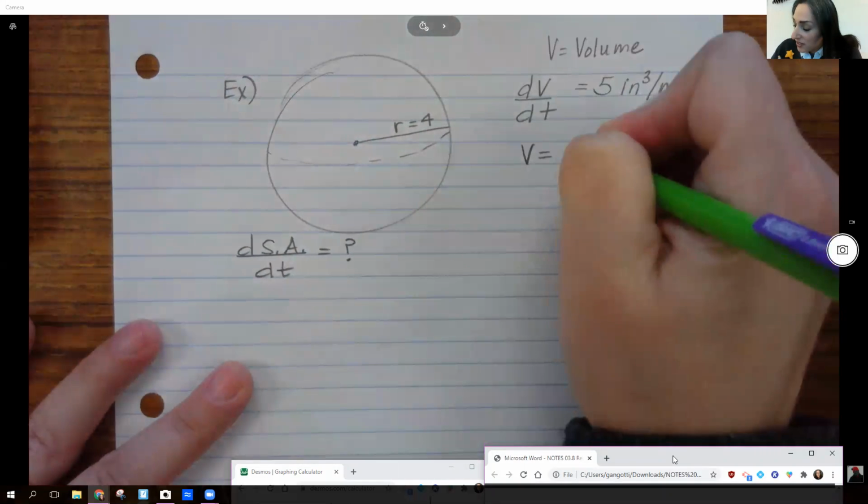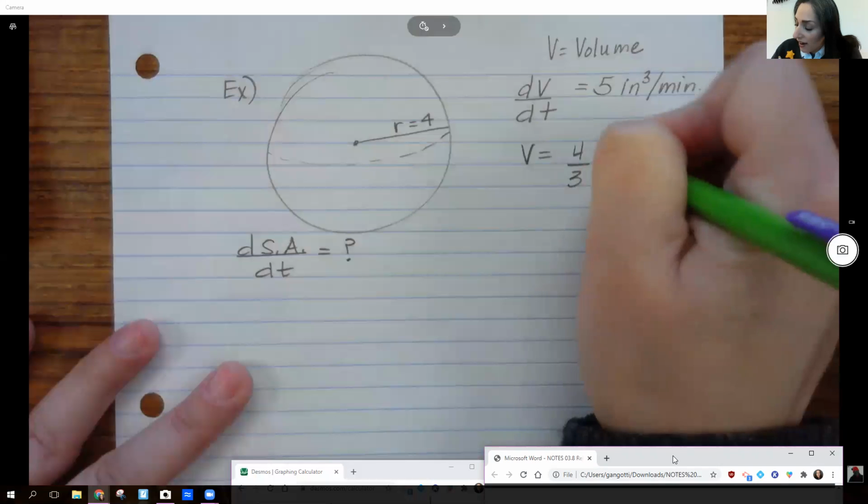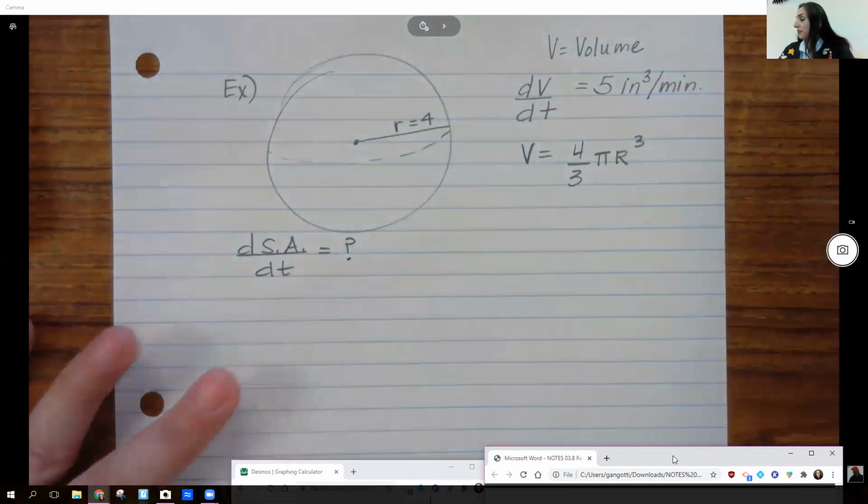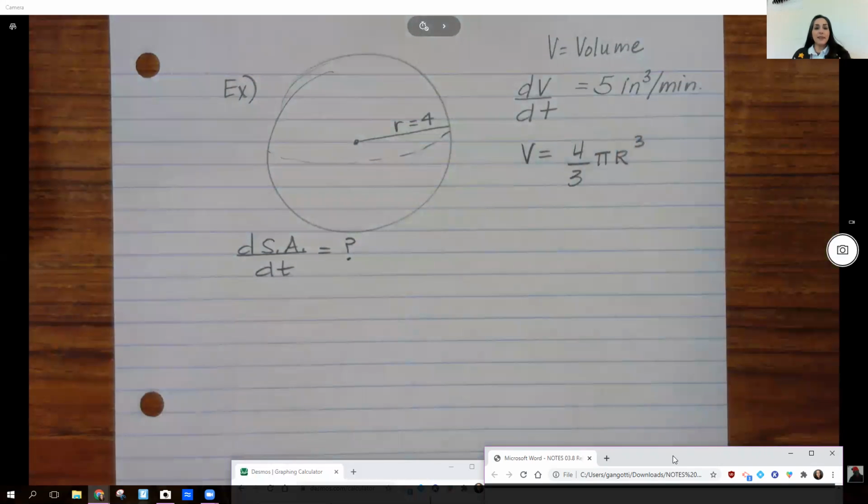Okie dokie. So it's 4/3 pi r cubed, okay? So 9 times out of 10, they're gonna give you your geometry formulas, but sometimes it's good just to have them handy next to you.